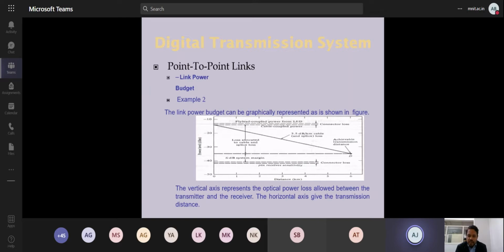In between, all other losses are indicated.